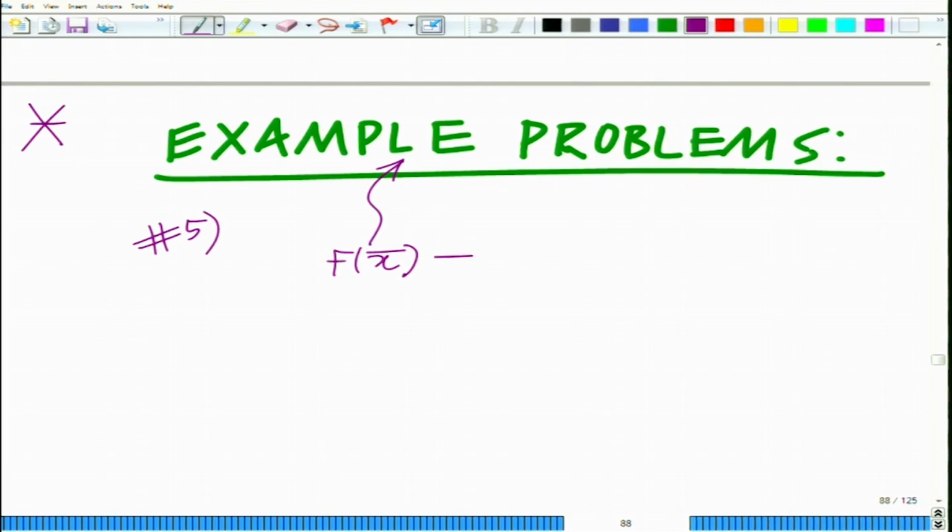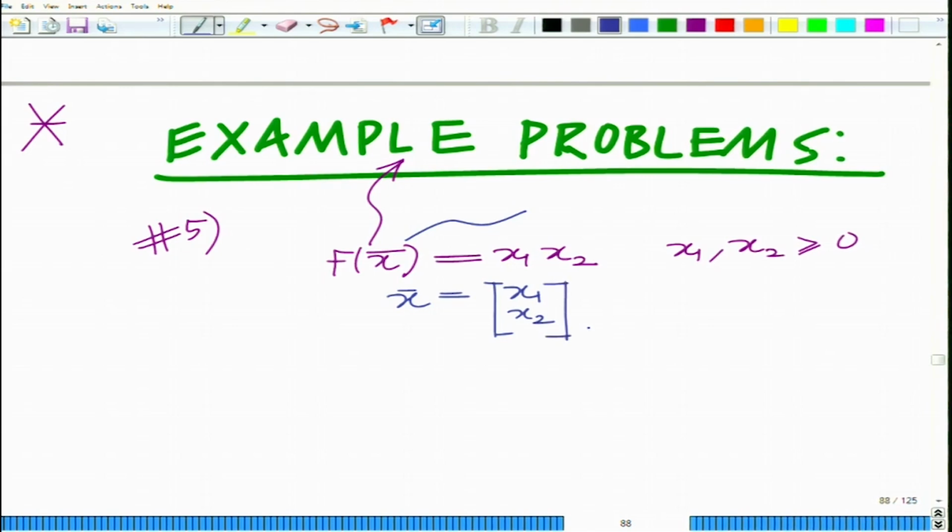F of x bar equals x1 x2 for the region where both x1 x2 are greater than or equal to 0. Of course, x bar, you can think of this as the 2-dimensional vector. This is a function of 2 variables, x1 x2. We want to ask, is this convex or concave?